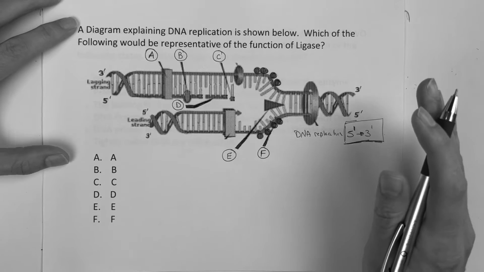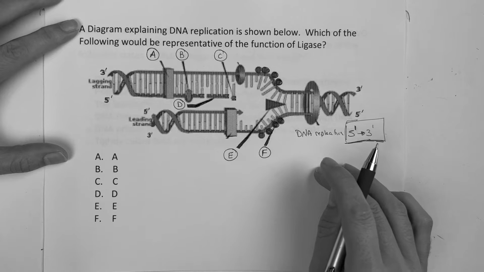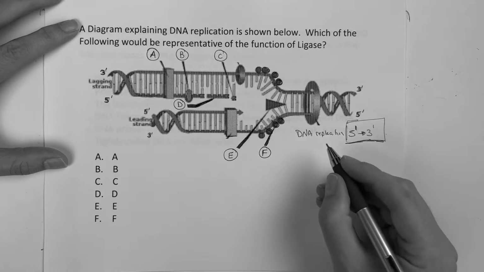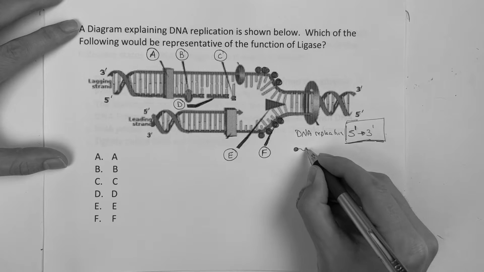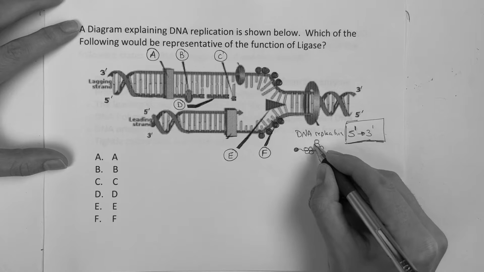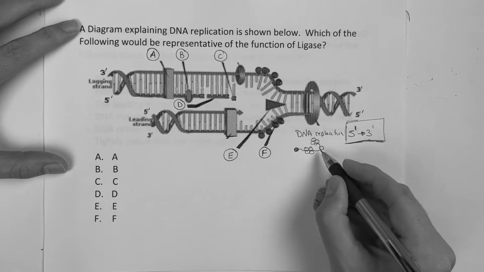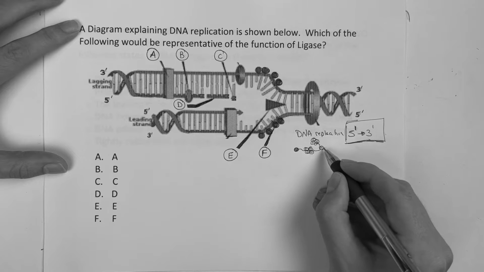So lock that in. Now, some other little things that you'll see in USMLE books: they'll talk about how DNA is very tightly wound up, just so it's packed nice and neatly. You'll see a diagram like this before.